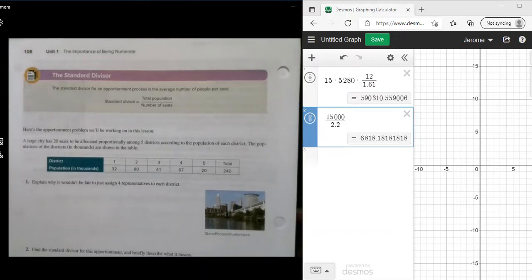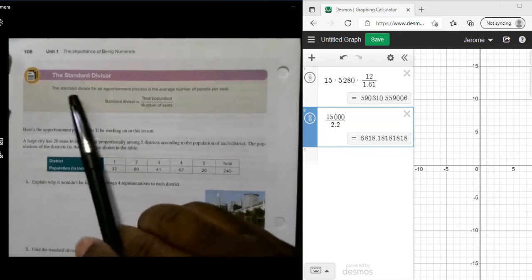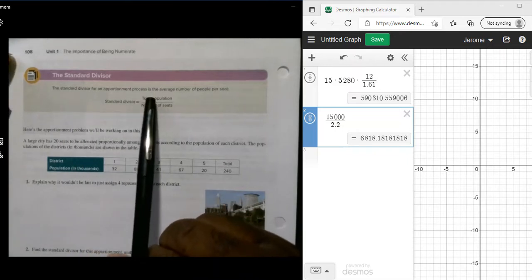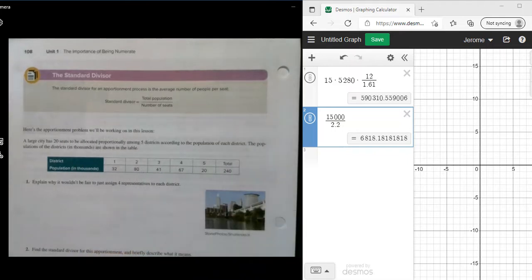It says here the standard divisor for an apportionment process is the average number of people per seat. Here's the apportionment problem we'll be working on in this lesson. A large city has 20 seats to be allocated proportionally among 5 districts according to the population of each district. The populations of the districts in thousands are shown in the table.